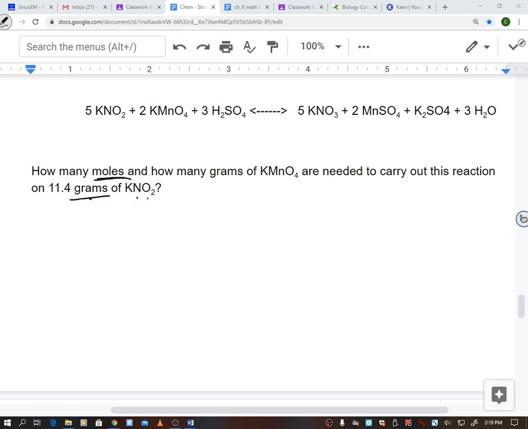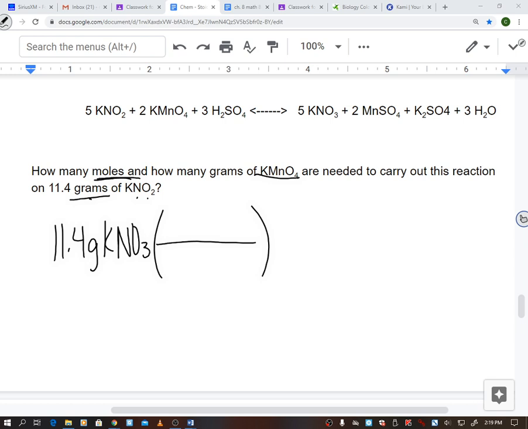But this is moles of something new, so it's going to be a 2-step problem. So let's do that one first. So I need to know how much does potassium nitrate weigh, and that is 85 grams for KNO3. And that's always in 1 mole.